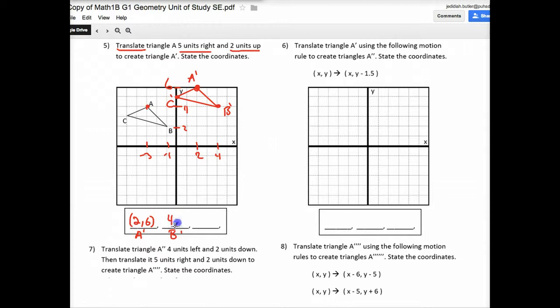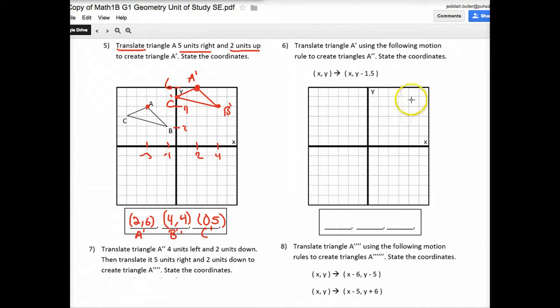That was kind of interesting. 4, 4. And then C prime, the last one, is right there at 0 for the x, but for the y it's at 5.